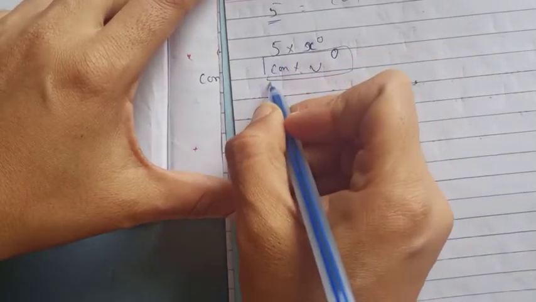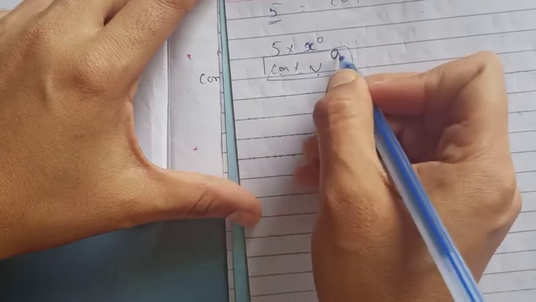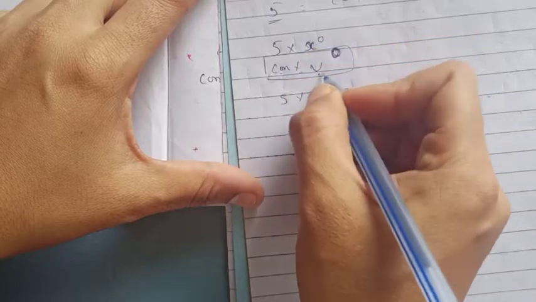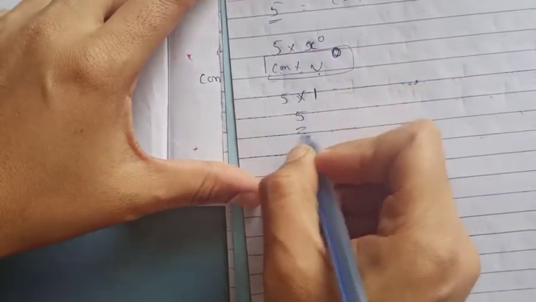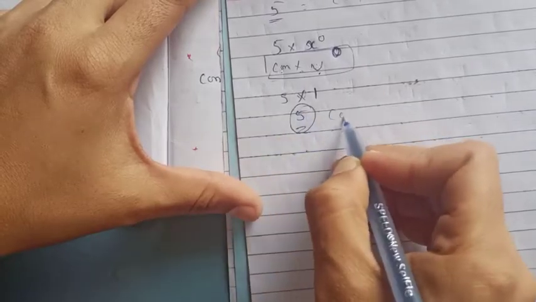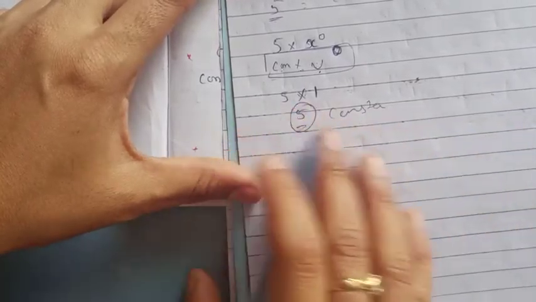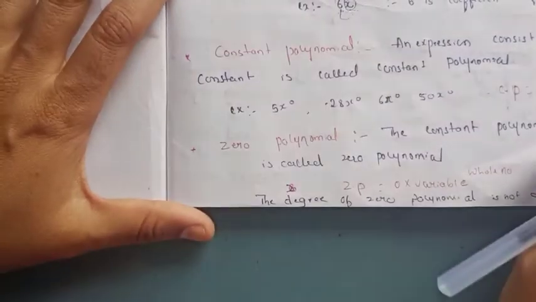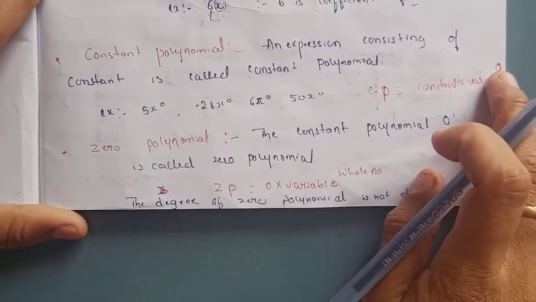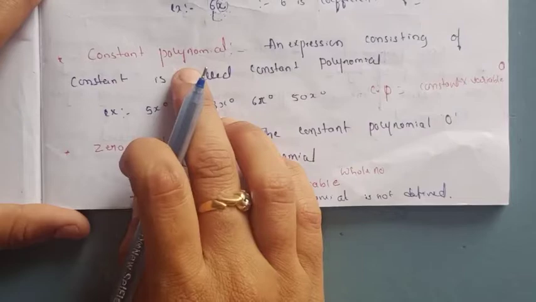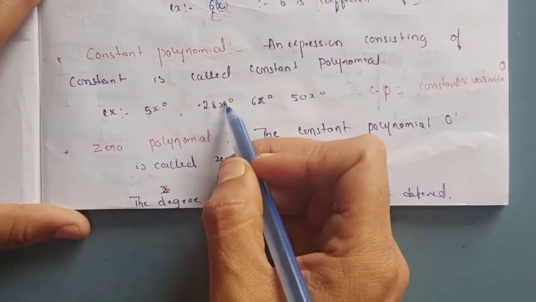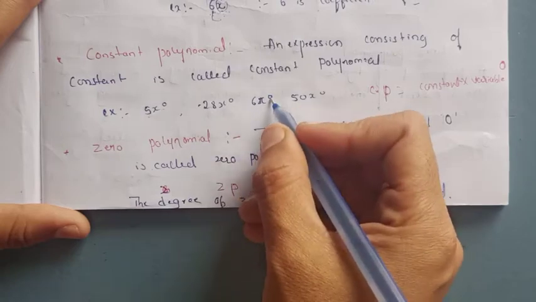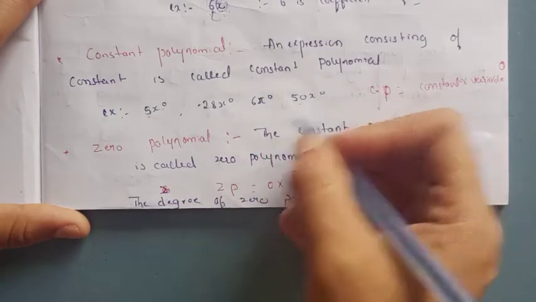According to the polynomial formula, constant into variable to the power of a whole number, here it is 0. So x to the power 0 is equal to 1, so it equals 5. So it is called a constant polynomial. It means that when the variable power is 0, we call that polynomial a constant polynomial. 5 into x to the power 0, 28 into x to the power 0, 6 into x to the power 0, 50 into x to the power 0.